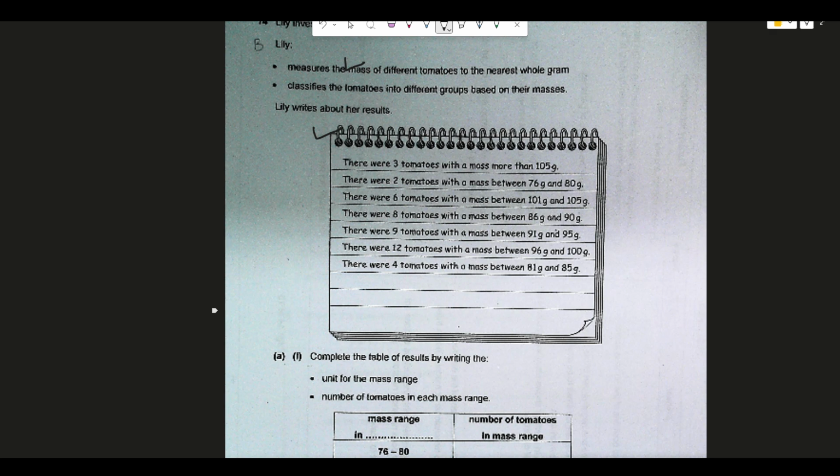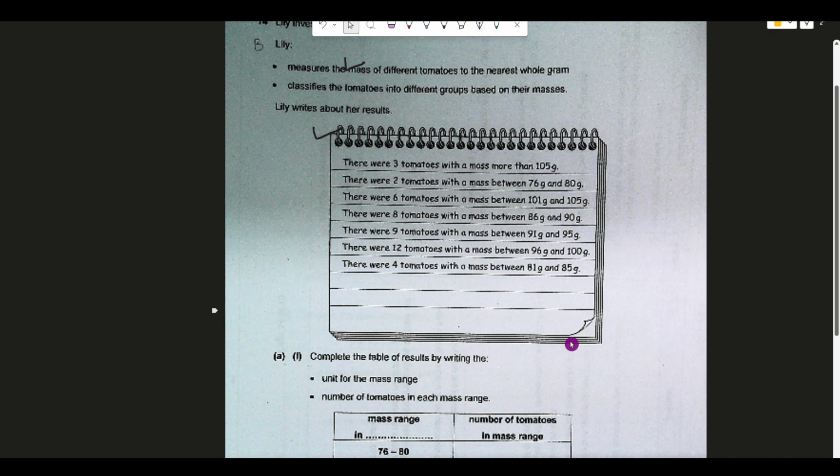Then there are 9 tomatoes with a mass of 91 gram to 95 gram. And there are 12 tomatoes between 96 gram and 100 gram. And there are 4 tomatoes between 81 and 85 grams. So that is the result that this girl Lily has written on this piece of paper.